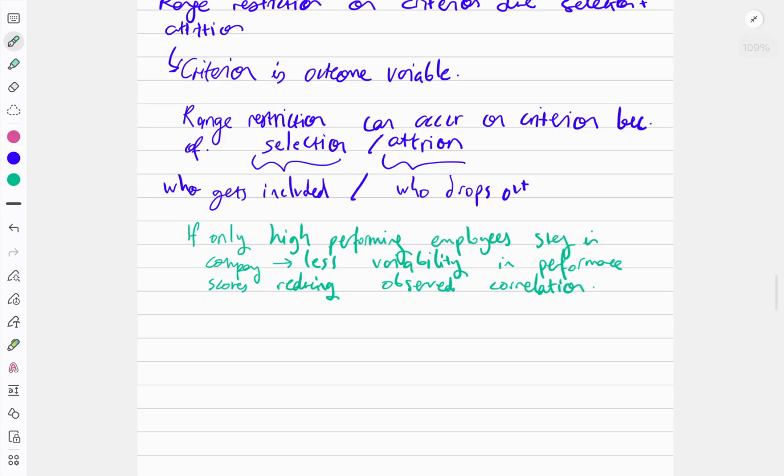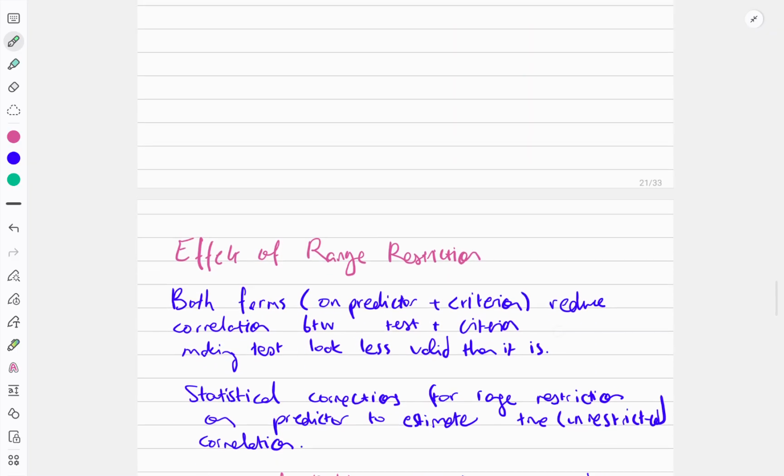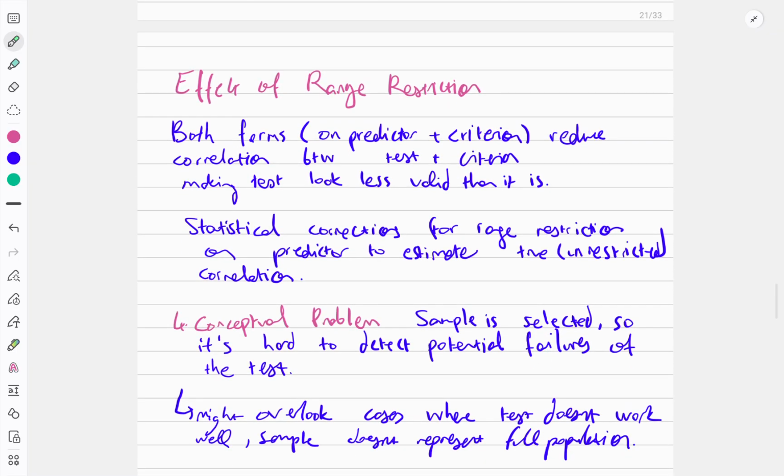As I explained earlier, if only high-performing employees stay in the company, there will be less variability in performance scores, and this will reduce our observed correlation. So the effects of range restriction, both forms on predictor and criterion, reduce the correlation between the test and the criterion, making the test look less valid than it is.